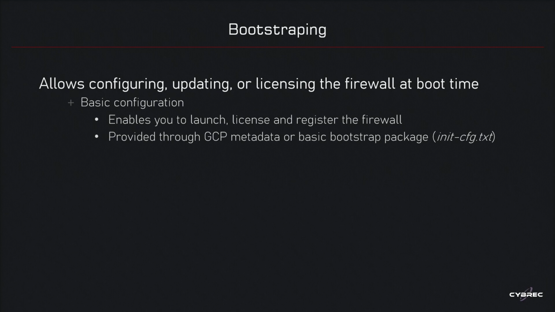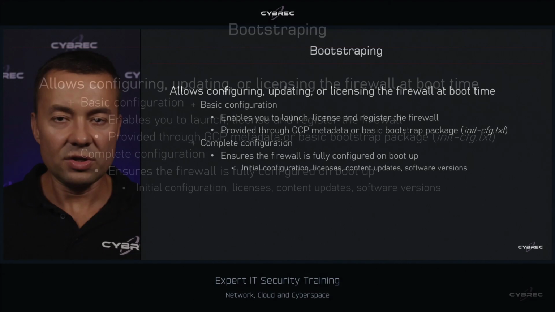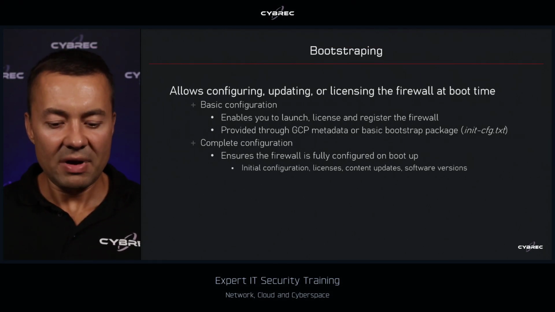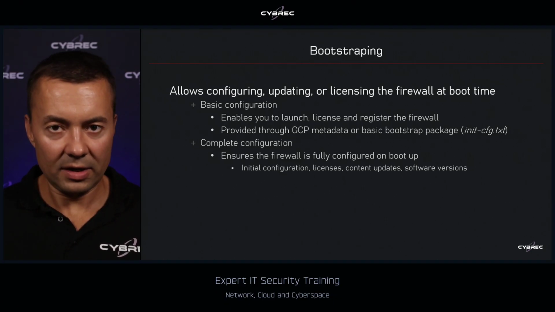So you can either configure this when you do the deployment here via the manager, or you can provide it as a file. Now, complete configuration is different in that in addition to providing the licenses and registration information, the firewall is also going to come up with the full config.